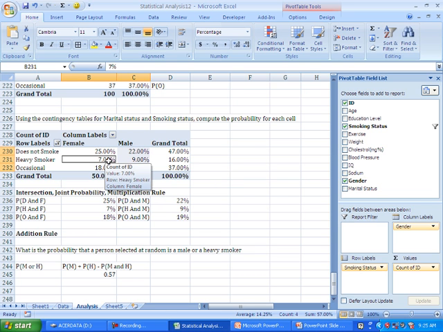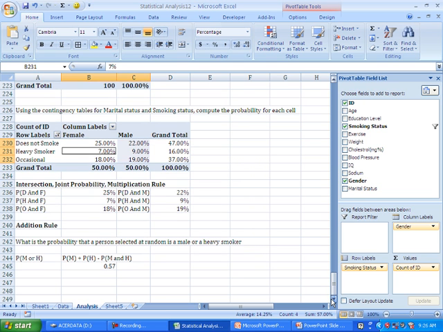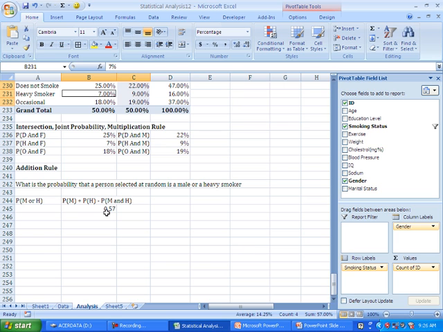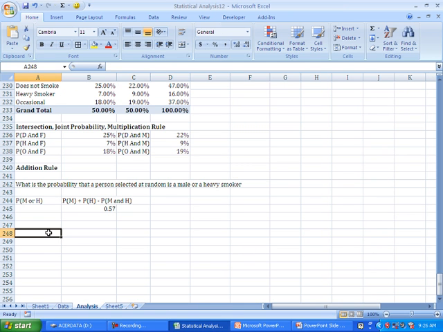And now the next thing which we have to be looking at is what we call conditional probability.